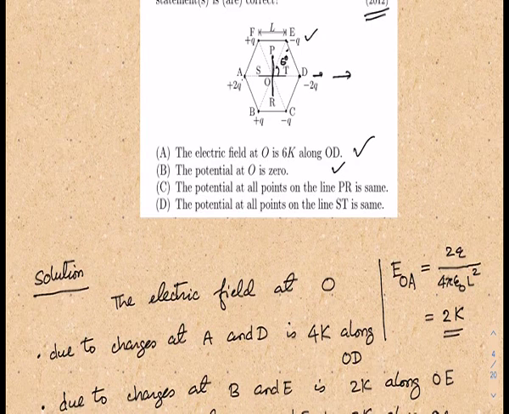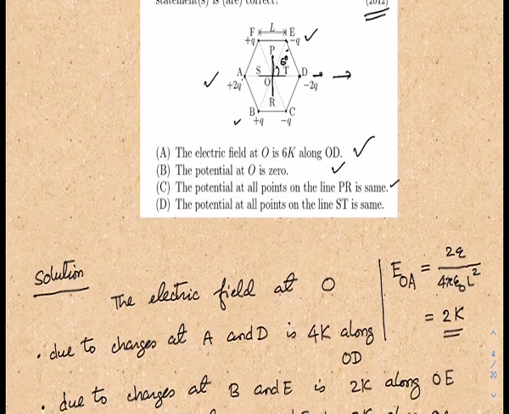This is one dipole, this is another dipole, this is another dipole. So it is acting like a perpendicular bisector, and you know that the potential at this bisector is going to be 0. So therefore I could say that potential at all points on the line PR is same. So that's correct. So this option is correct.